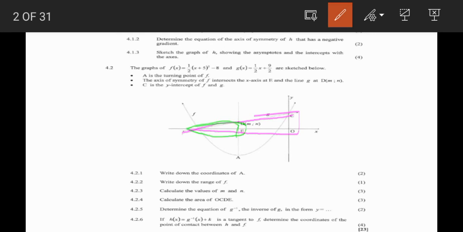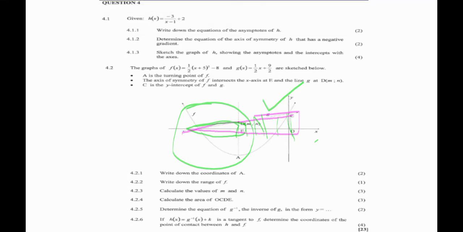So if you calculate the area of this whole purple right angle triangle, minus the green small triangle, do you see what you are left with? You are left with OCDE, which is what they're looking for, right? So this is what you should try on your own.